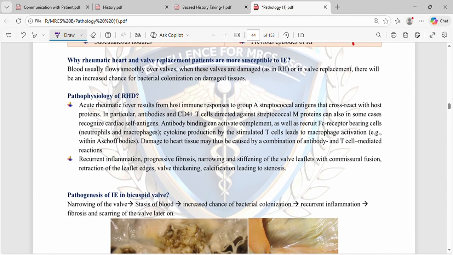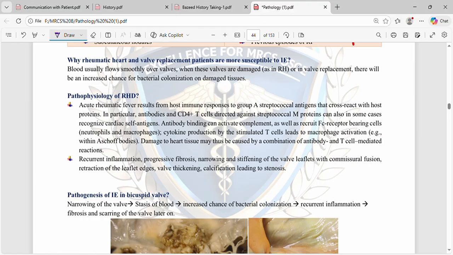Why are rheumatic heart and valve replacement patients more susceptible to infective endocarditis? Blood usually flows smoothly over the valves. When these valves are damaged, such as in rheumatic heart disease, or when valve replacement is done, there will be an increased chance of bacterial colonization on the damaged valve because there will be turbulent flow.